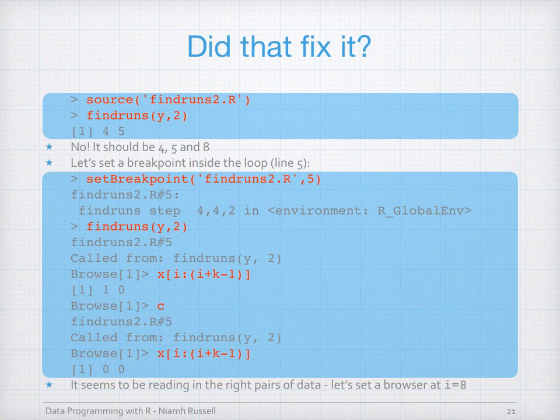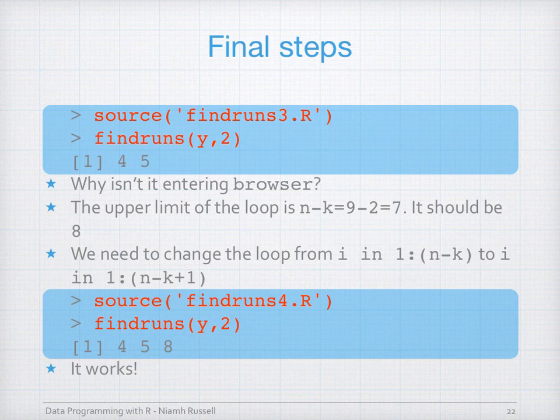So obviously this is a faked up example where we've deliberately set errors to be in the code. But let's take advantage of that and let's call the browser function at i equals 8. So we'll have a look at that on the next slide. So within the findruns3.R script, you'll find that browser has been written at i equals 8.